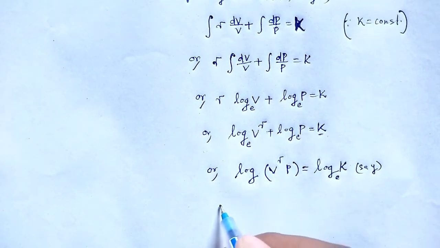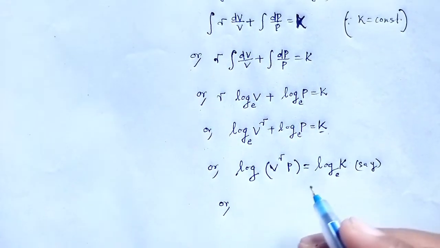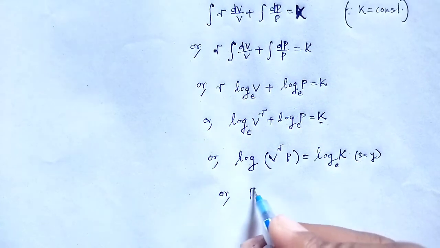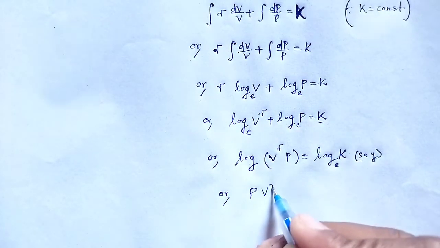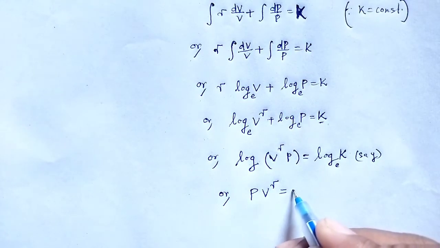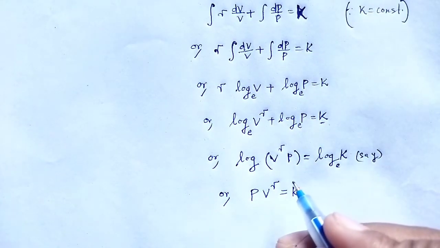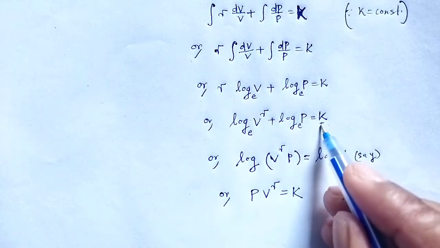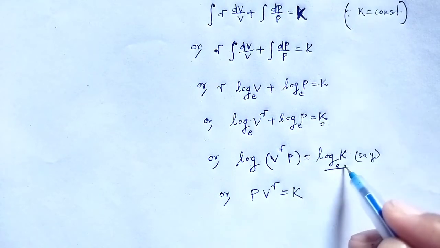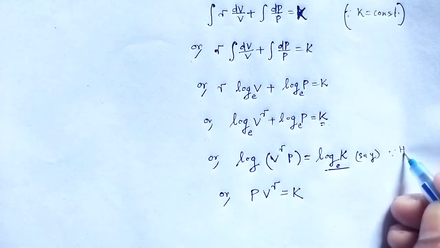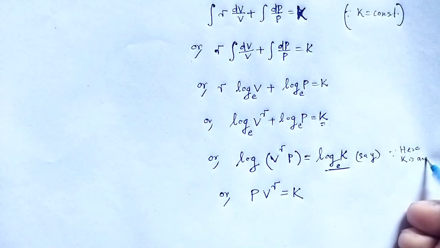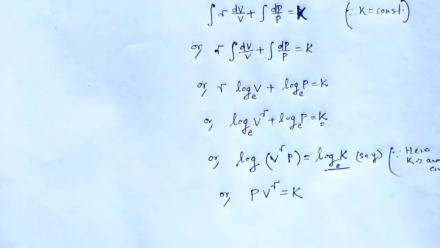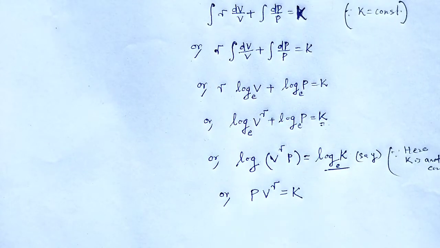So log cancels out from both sides, and we take P V to the power gamma as a constant, where K is another constant. So P V to the power gamma is equal to K.